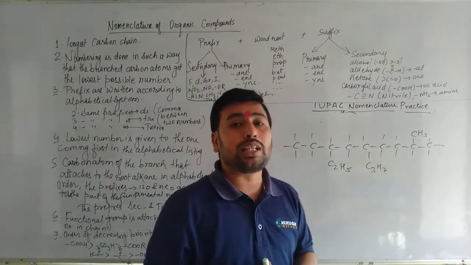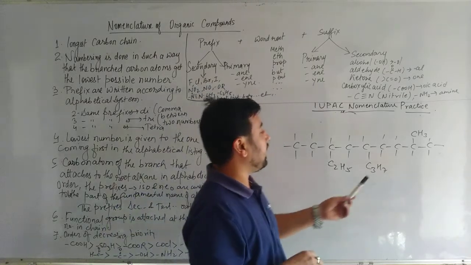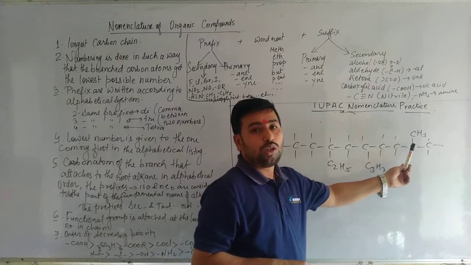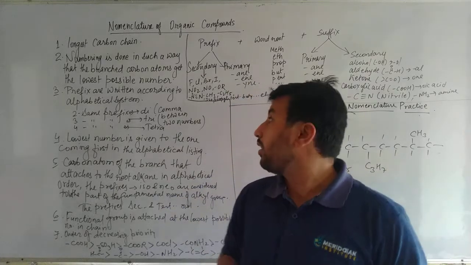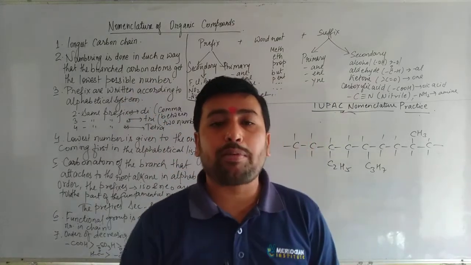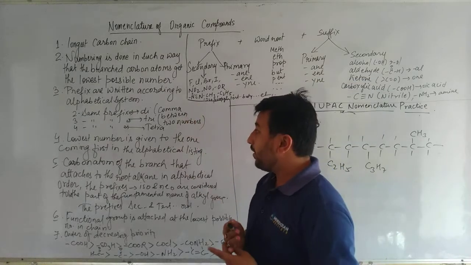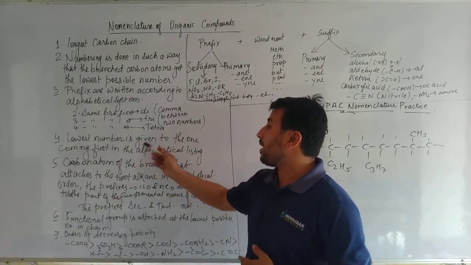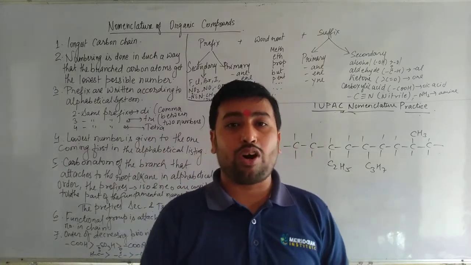Now how will the numbering be done? The nearest branch chain. So here you can see 1, 2. On the second position we are having the nearest branch chain. Numbering is done in such a way that the carbon atoms must get the lowest possible number. And the fourth is, the lowest number is given to the one coming first in alphabetical order.